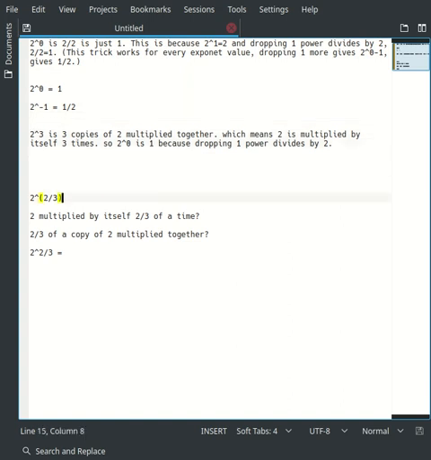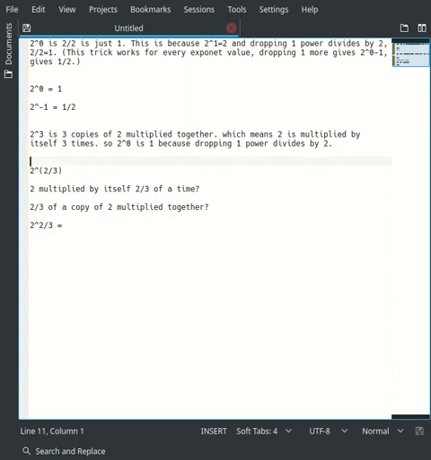At least the thing that I say, which is incomplete, and I absolutely acknowledge this, but when I say a to the b means we take 1 and multiply it by a b times.